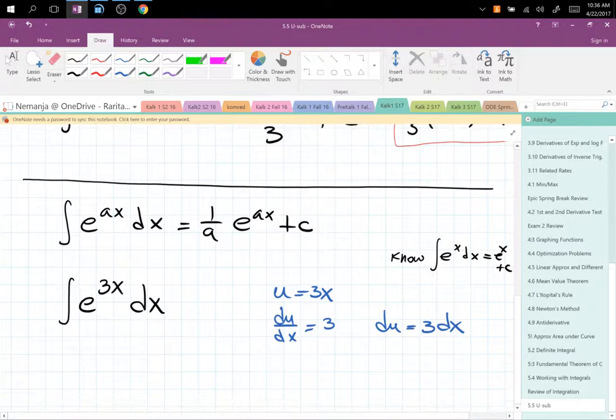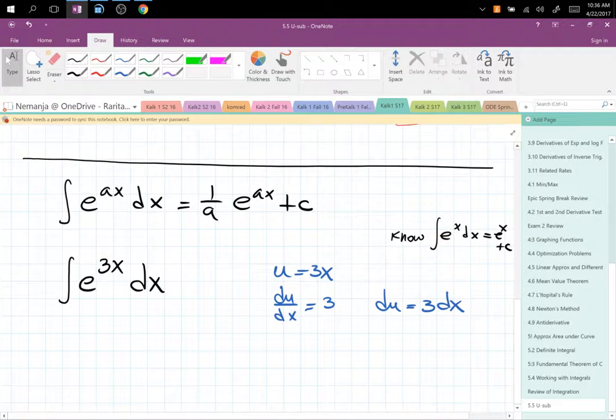Okay, now I can feel some disturbance in the force here, right? Because I have e to the u, because this 3x is defined as u. But look at the dx. I have 3 dx. So how about I write du over 3, right? Move this 3 to the other side.